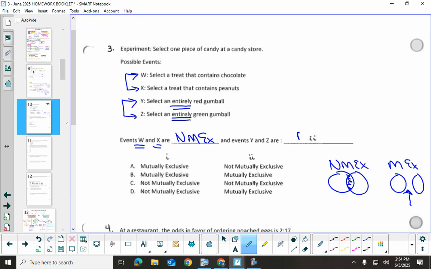So it's impossible to have both. So those are mutually exclusive. You're going to get a theory question. It will either be with independent, dependent, or it will be with mutually exclusive, not mutually exclusive. So you have to have those definitions memorized. And when I say definitions, I mean pictures. You have to know which one is the overlap and which one is not.